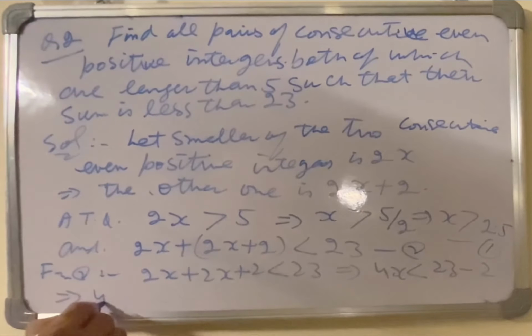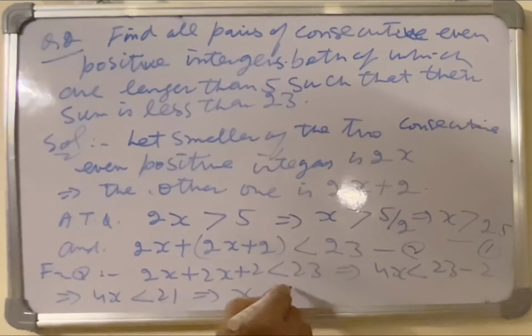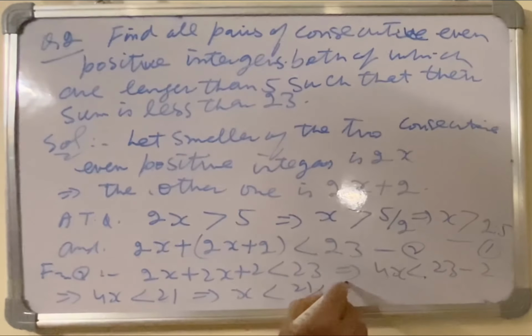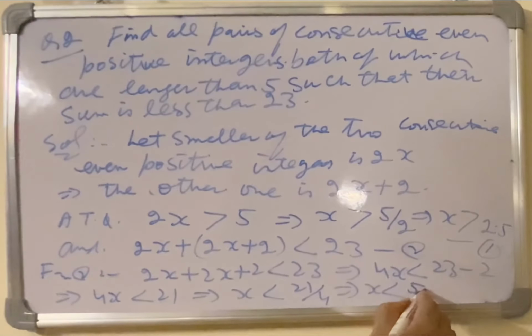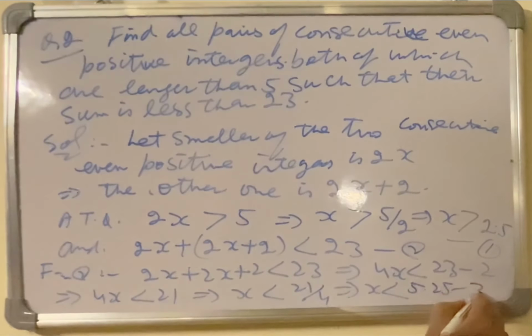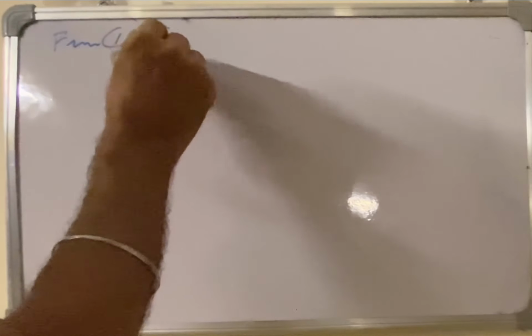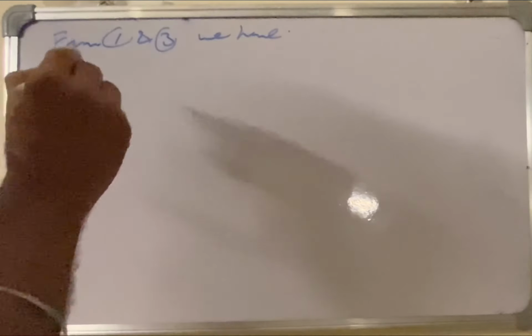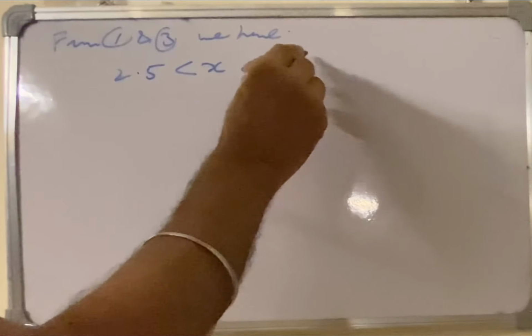So 4x is less than 21 and x is less than 21 over 4. This means x is less than 5.25. This is number 3. From first and third, we have 2.5 less than x less than 5.25.